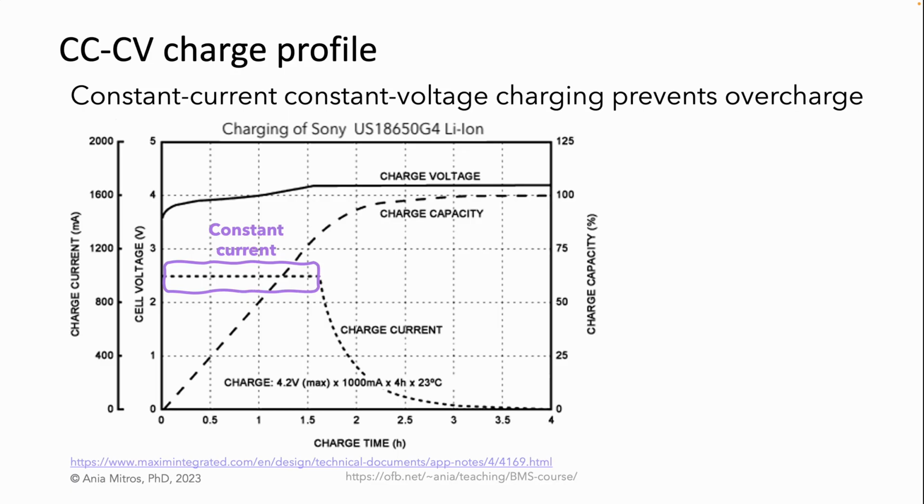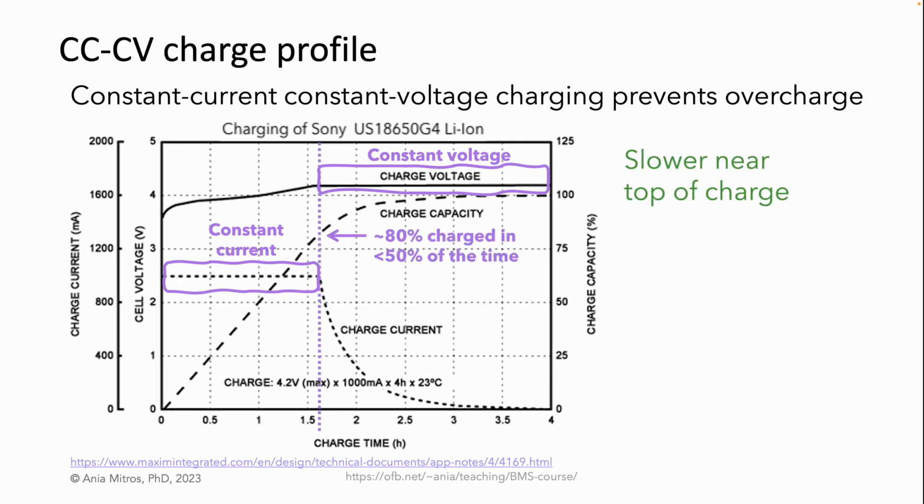Once the cell voltage approaches the cell's maximum voltage, we switch to constant voltage charging, with the charger applying whatever voltage corresponds to 100%. During the constant voltage phase, the current tapers. Note that this results in a charge profile that charges slower near top of charge. In this figure, the first 80% of the capacity is charged in less than half the time.